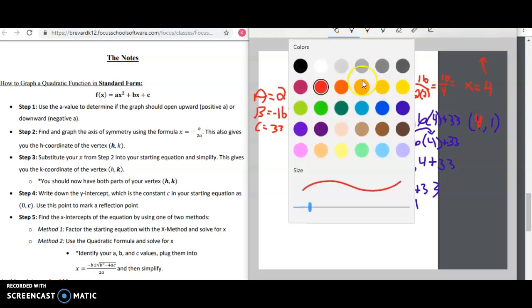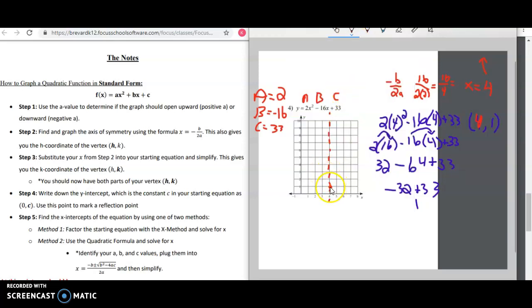And I'm going to graph that. Let's change that color there. Over 4, up 1. So now if I look at this, I'm going to notice I've already determined I'm going to open up. And here's my vertex. If I'm going to open up, that tells me I'm not going to have any x-intercepts.